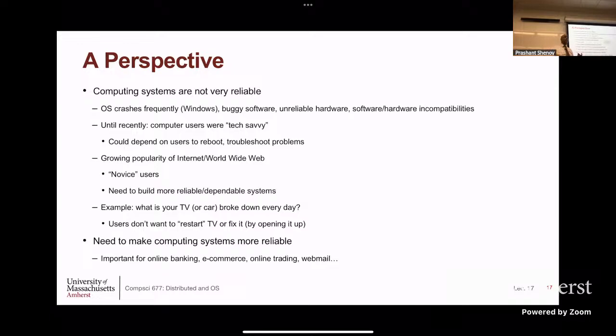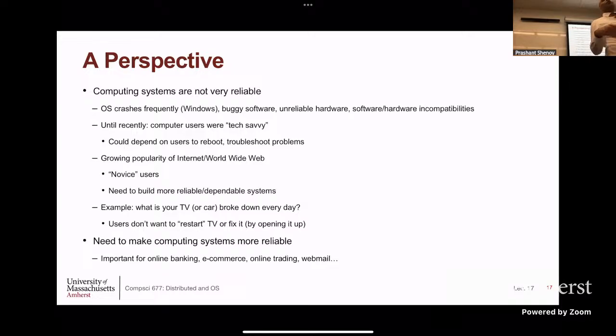So what we are used to in terms of laptops and PCs doesn't translate to the real world, because that's not how people deal with devices that are inherently unreliable because they're buggy. You don't want to build your systems in a way that requires the users to take these types of actions. You want higher levels of reliability in your system.